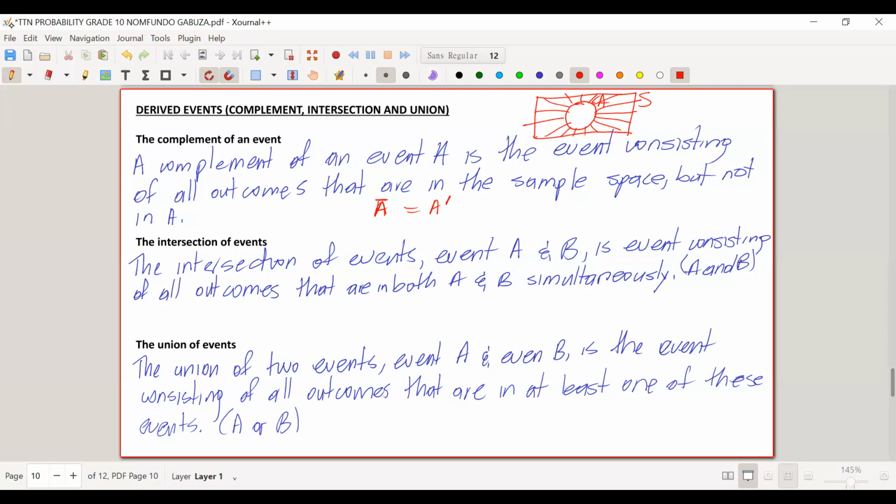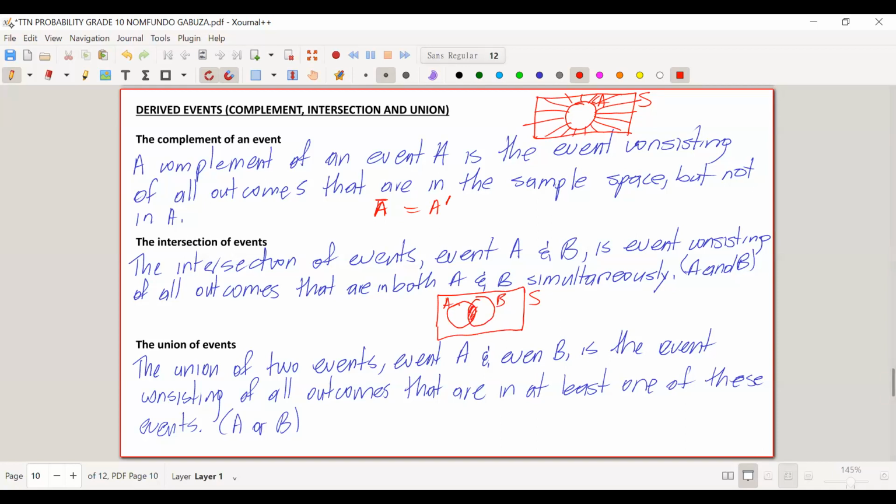So the intersection of events, what do we mean by the intersection of events? Let's say we have events A and B. So the intersection, this is A, this is B, is where they meet. They will meet over here.